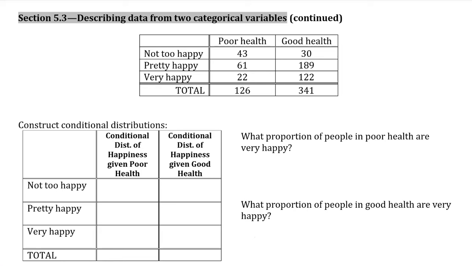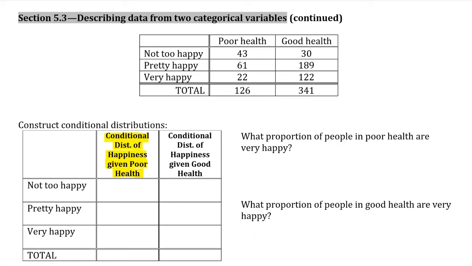For example, for the first conditional distribution we're going to deal with, we have the conditional distribution of happiness given poor health. Pay careful attention to that last statement of given poor health. That means that we are assuming that the only individuals discussed at this point are those that are in poor health. The other 341 individuals in good health are no longer part of this question.